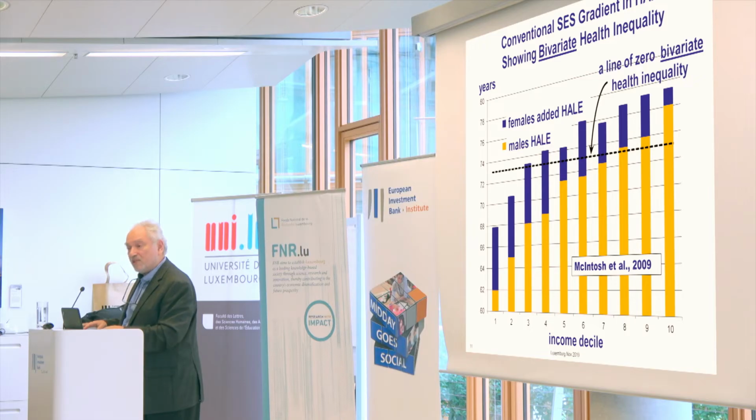So these are income deciles along the horizontal axis and health adjusted life expectancy in each decile on the vertical axis for males and females. And if there was complete equality in this kind of bivariate measure of health inequality, all of those bars would be exactly the same height.